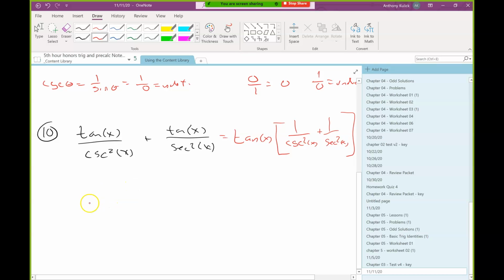And that's nice. Fractions, the 1 over cosecant squared and 1 over secant squared. And I can get rid of the fraction, right? So I know 1 over cosecant is the same as sine. So 1 over cosecant squared would just be sine squared. Secant is 1 over cosine. So 1 over secant squared is cosine squared.